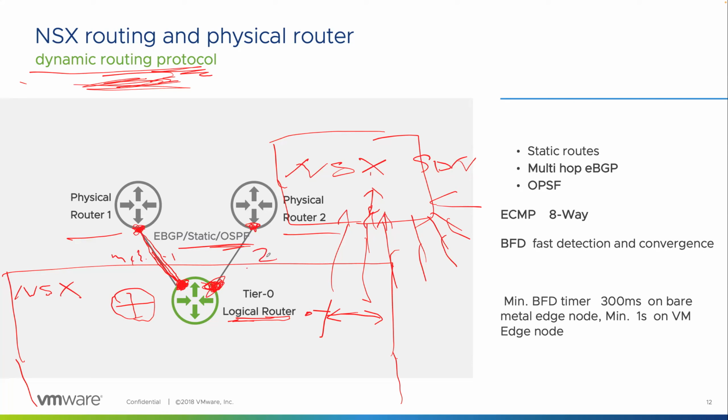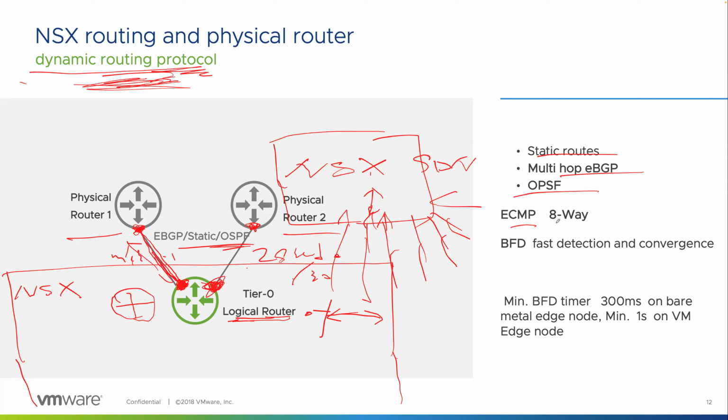So we have at least 2 subnets right here, with at least a /30 network mask. That's it. And we just run a static route, BGP, or OSPF on these links, right?